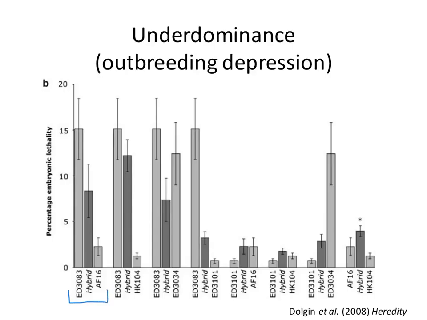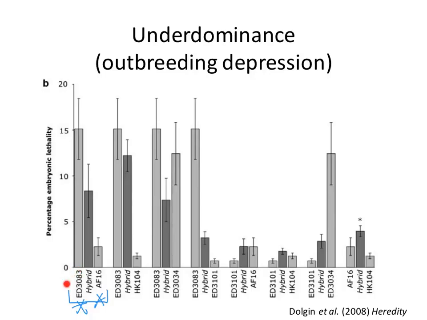So here we have a strain called ED3083 and one called AF16 here on the left. And what they did to measure fitness was just calculate, in this case, how many of their offspring die before they hatch. So worms lay embryos that are basically in an eggshell, and they're asking, do the larvae hatch out of the eggs or not?